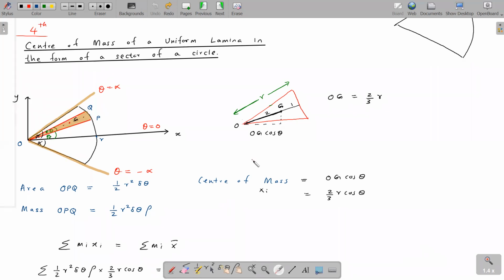The little bit of a thinking part comes when it comes to the center of mass. Okay. So, guys, first things first. When you see this object, you can see there's a line of symmetry, right?